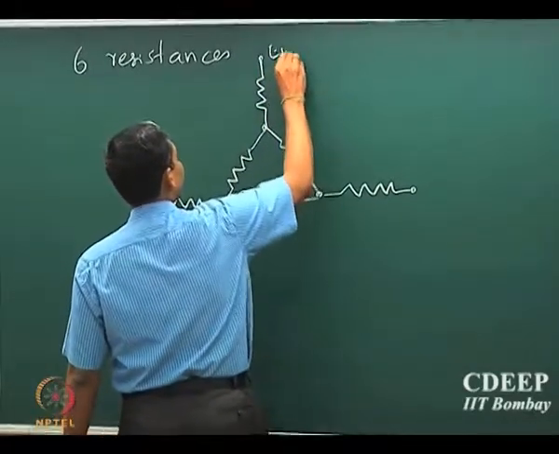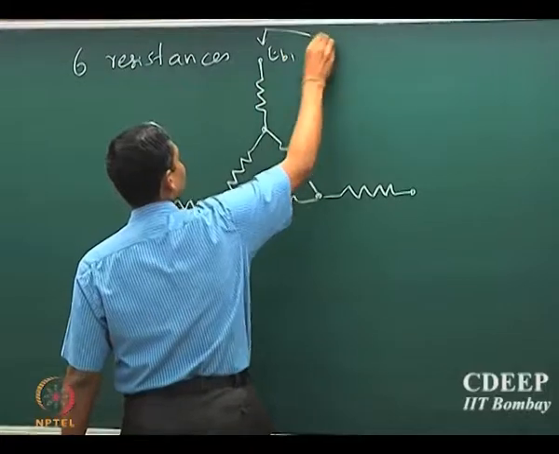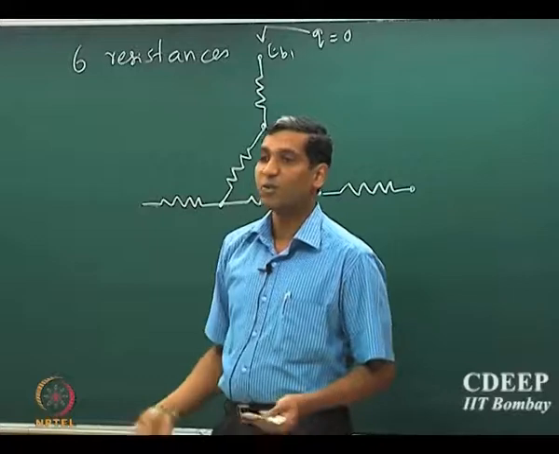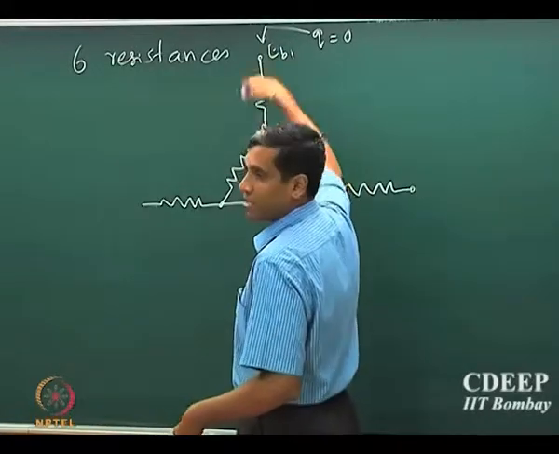This is EB1, except that Q1, the amount of heat given or taken out from that surface, is 0. Nothing comes here and nothing goes out.